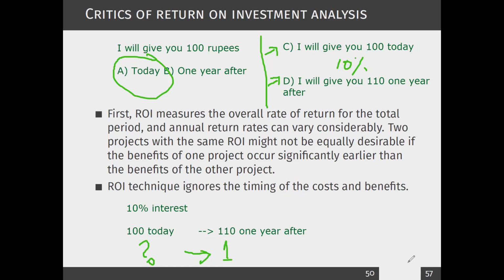If I have 100 today with 10% interest, we'll get 110. Okay, that was the agreement.